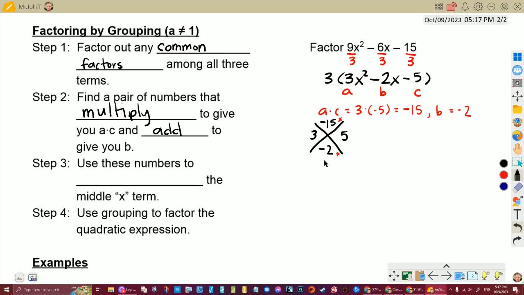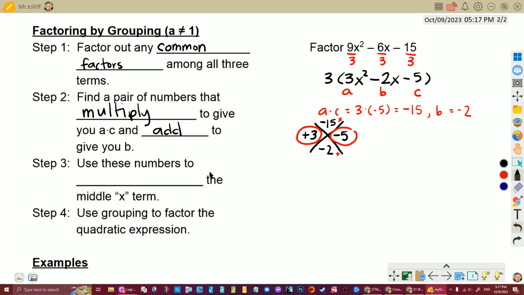And I know the bigger number should be negative because when I add them, I get a negative answer. So plus 3 and minus 5. So we've found the pair of numbers that we want to use for our next step, plus 3 and minus 5.